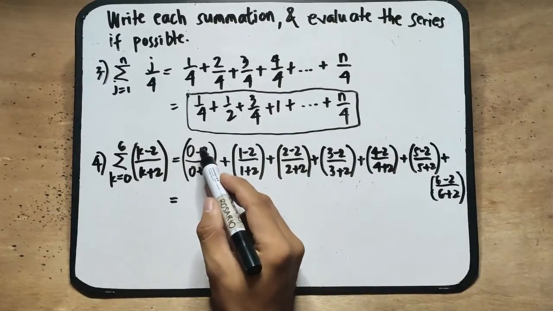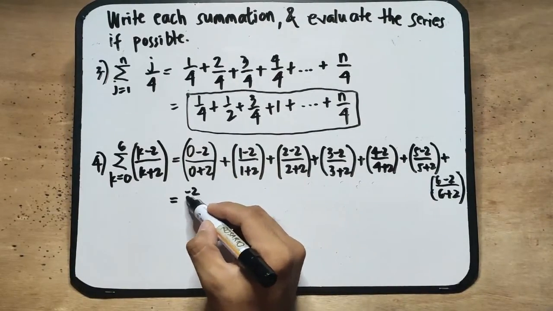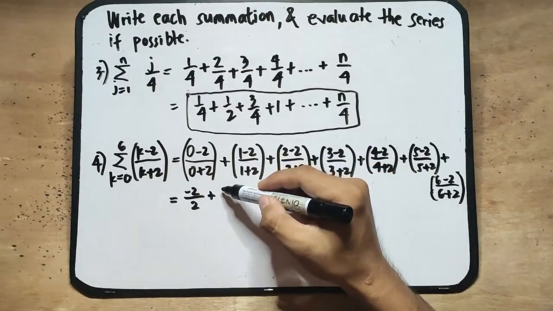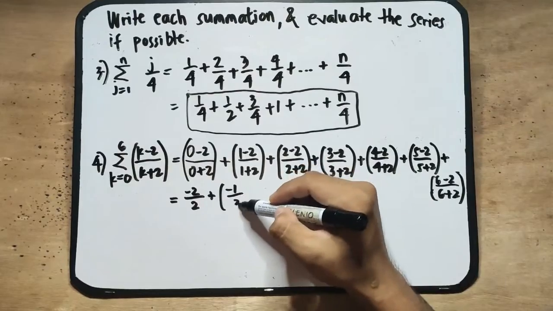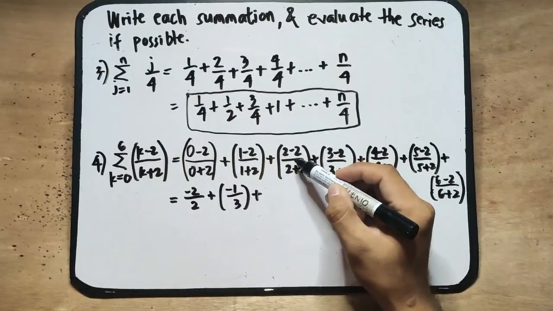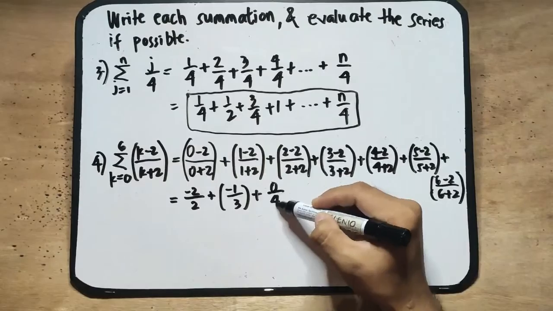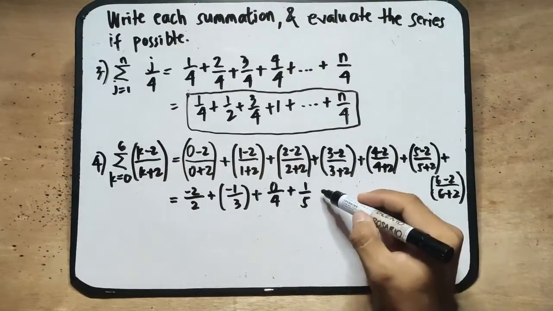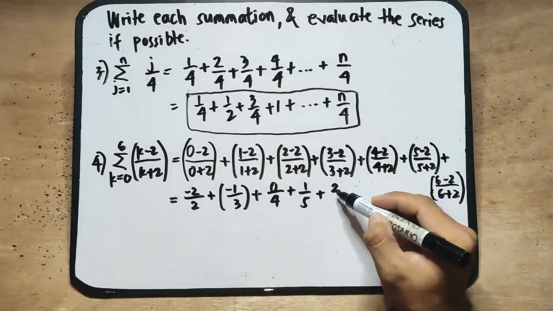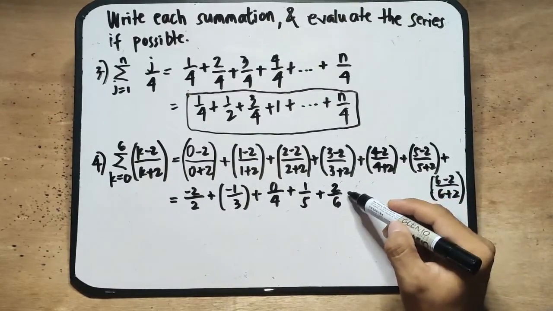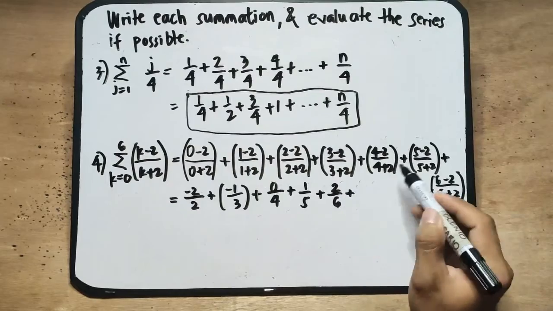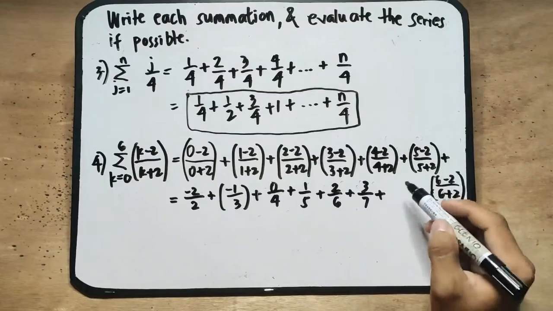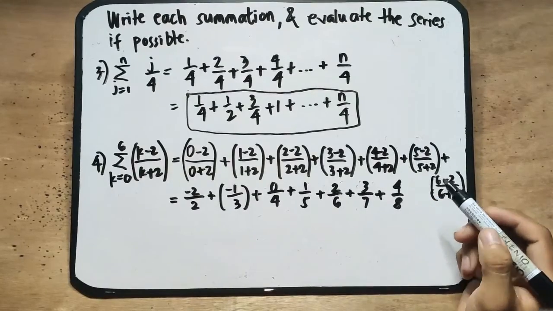Simplifying this, we have 0 minus 2 is negative 2, 0 plus 2 is 2, 1 minus 2 is negative 1, 1 plus 2 is 3, 2 minus 2 is 0 all over 4, 3 minus 2 is 1 all over 5, 4 minus 2 is 2 all over 6, and then 5 minus 2 is 3 all over 7, then 6 minus 2 is 4 all over 8.